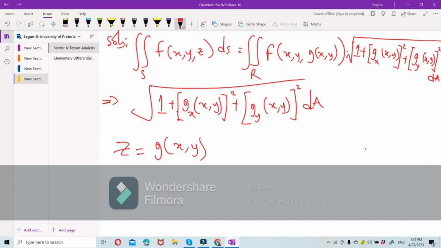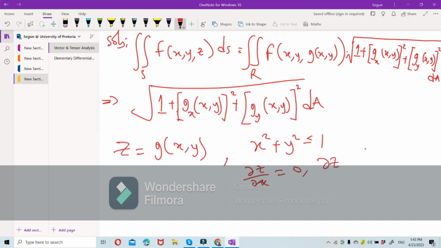So which means, don't forget we have x squared plus y squared, let's say less than or equal to 1. When I differentiate the z with respect to x, it is equal to 0.